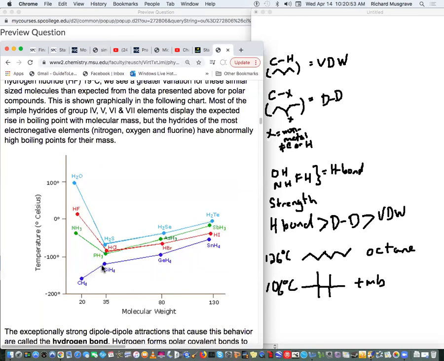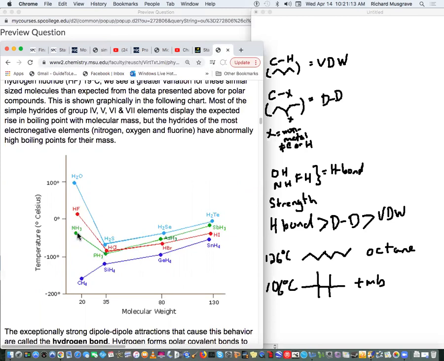So you can see for the carbon group, this is kind of what we would expect. But if you look at groups 5, 6, and 7, you'll notice that for H2O, HF, and NH3, the boiling points are a whole lot higher than we might expect them to be.